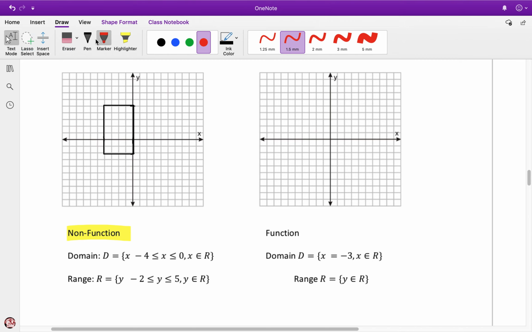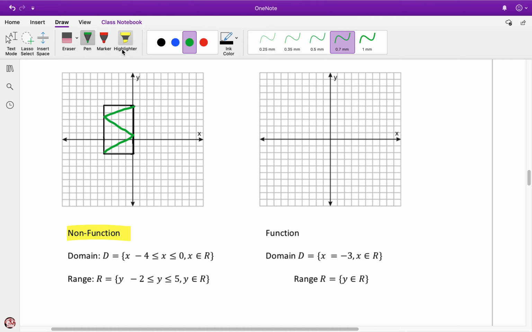Then I need a non-function, so I can pretty much draw anything I want in that box. I have to fill the space of it. So I'm going to draw something that looks like this. Anything that crosses over the vertical line test is not a function. If it fails the vertical line test, and I fill up my box all the way over horizontally and all the way vertically, it'll fit.